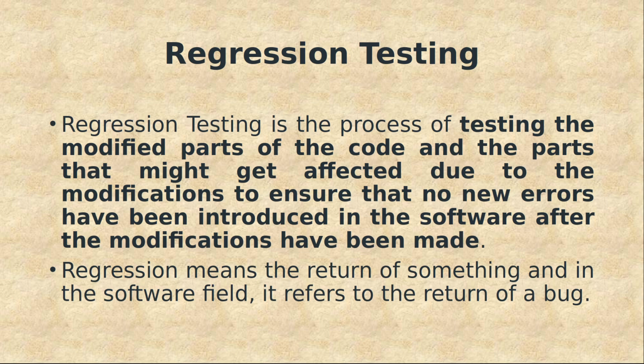Do you understand that? There are two things. One is that the software is already existing and we are adding new functions. The other is that the code is modified. When these two things happen, we test the software once again.